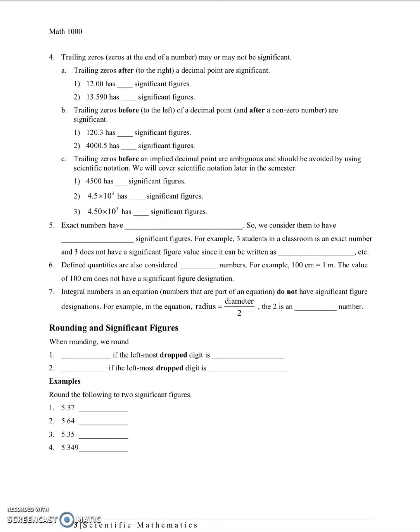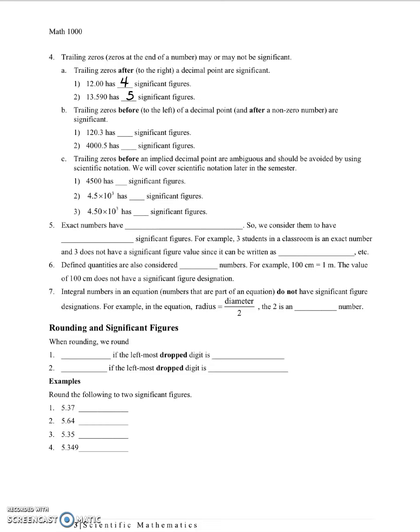So 12.00 has 4 significant figures because those zeros are significant because they're to the right of the decimal point and they're trailing. 13.590 has 5 significant figures, 4 non-zero digits, and 1 trailing zero to the right of the decimal point.